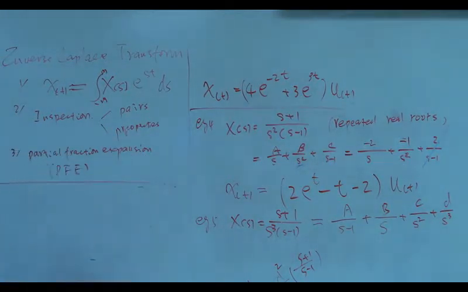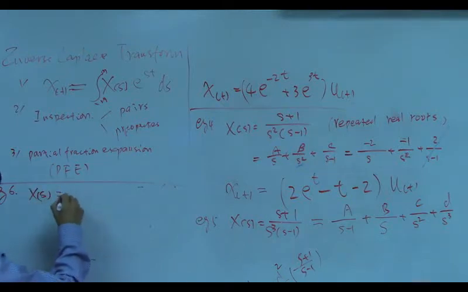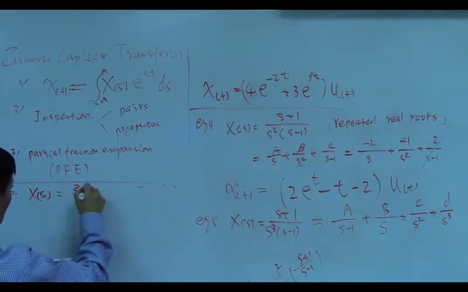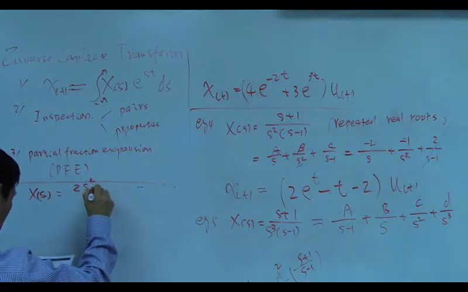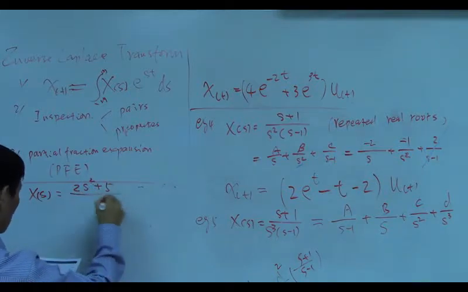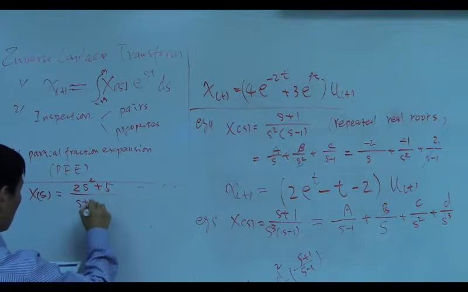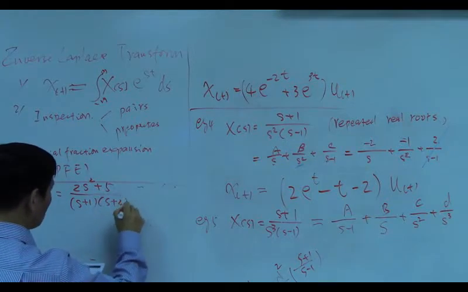We have another example here, example 6. X(s) equals (2s squared plus 5) over (s plus 1)(s plus 2).